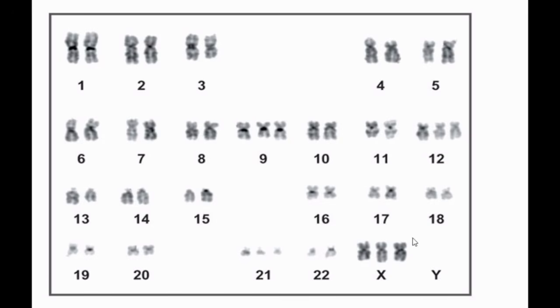About this 23rd pair you will discuss again in sex determination. These are the sex chromosomes, that means they tell whether a person is male or female. This arrangement of 23 pairs of chromosomes is called the human karyotype.